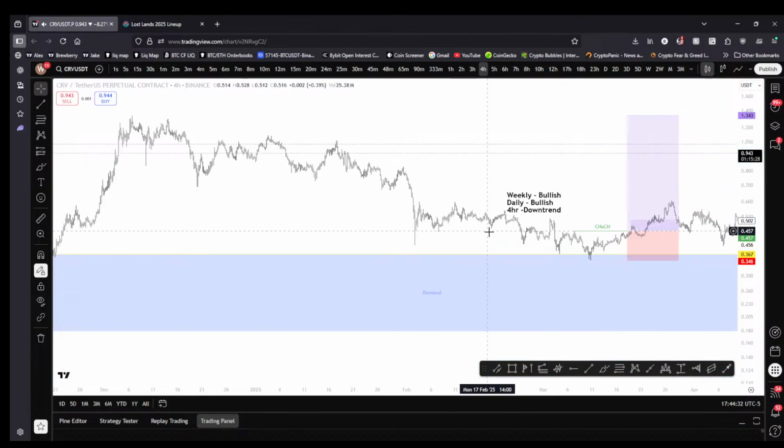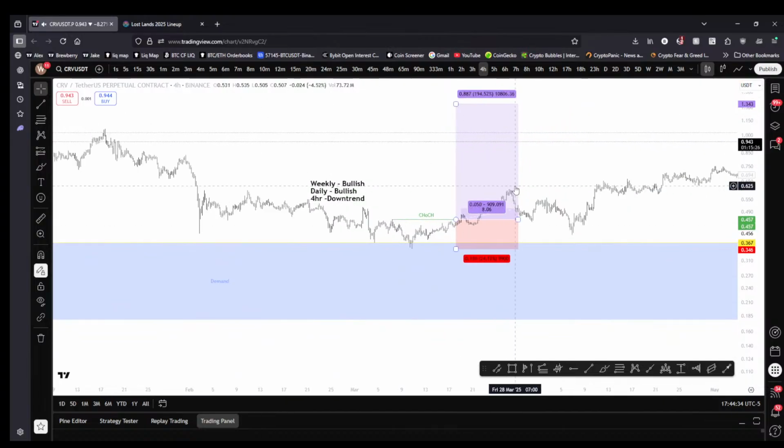And what do we notice? We notice that our risk to reward goes from a 5 to an 8. This is what I was talking about earlier, that the risk to reward would be better when you combine multiple time frame analysis.